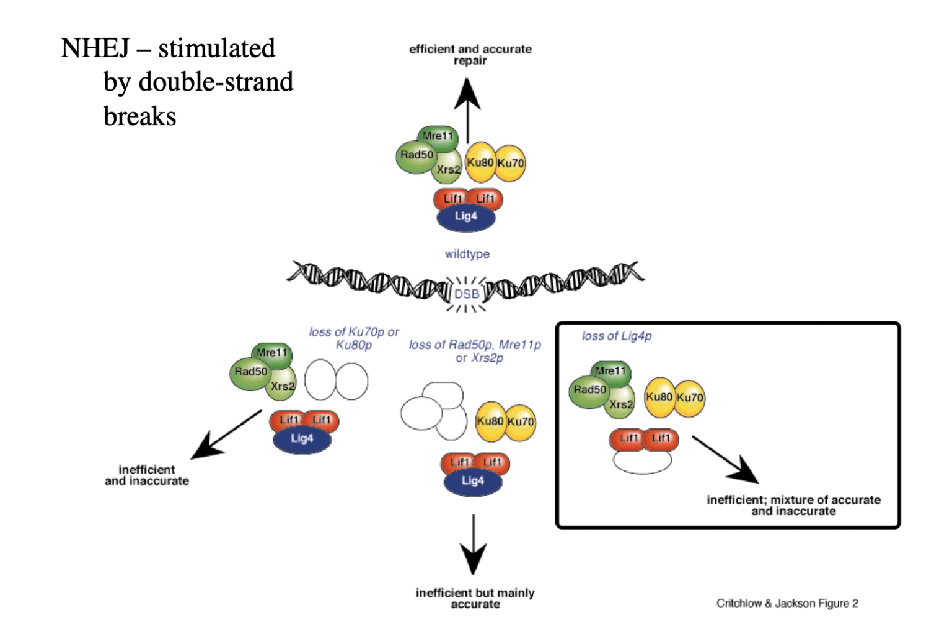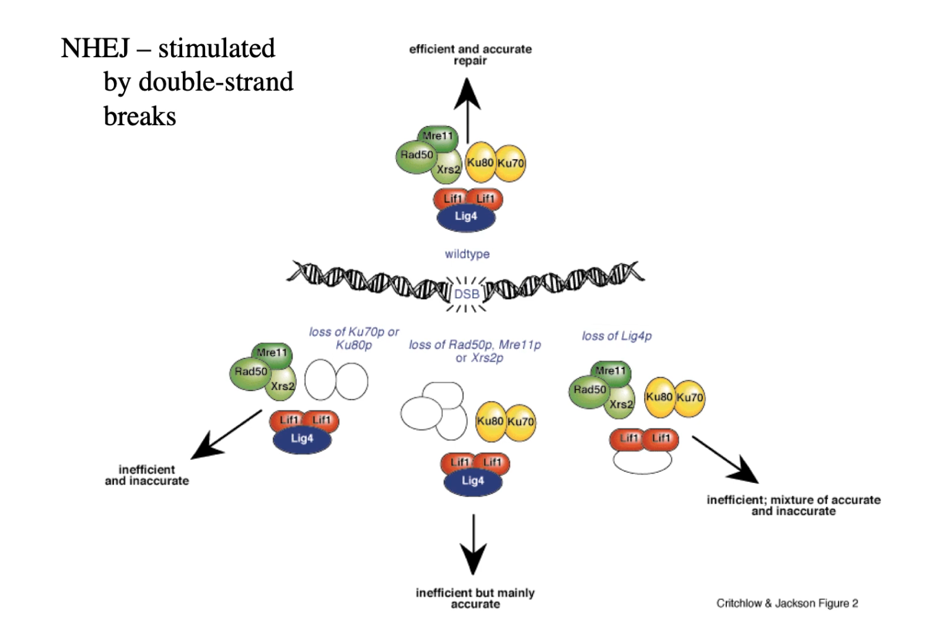So you can kind of see that the function of some of these is to recognize the lesion, to bring the two strands together, and then to ligate them together accurately. And so they all have to participate together to do that efficiently and accurately.